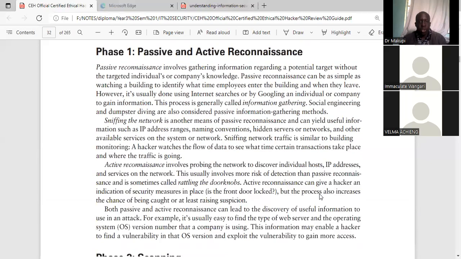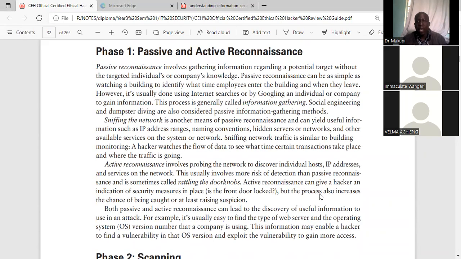We also have passive and active reconnaissance. When I say passive reconnaissance, you are gathering information without the target individual or company's knowledge.